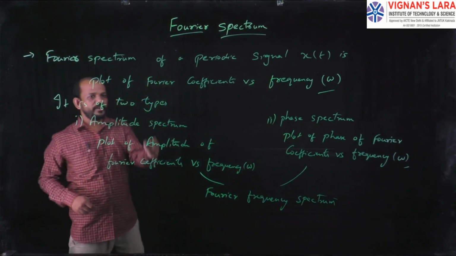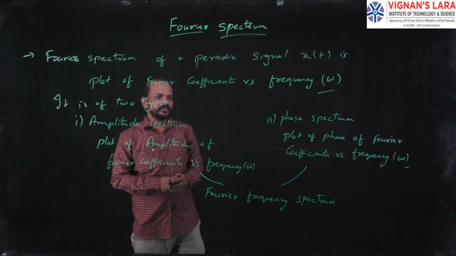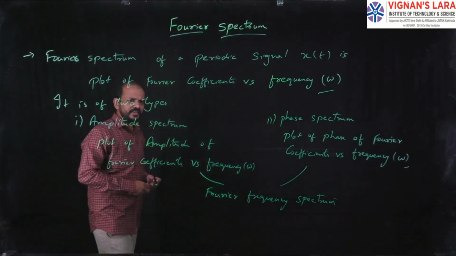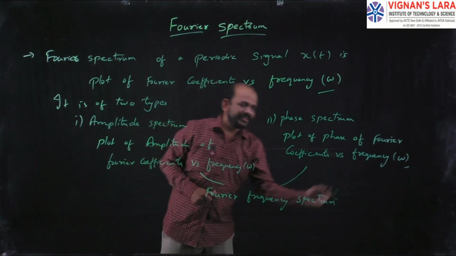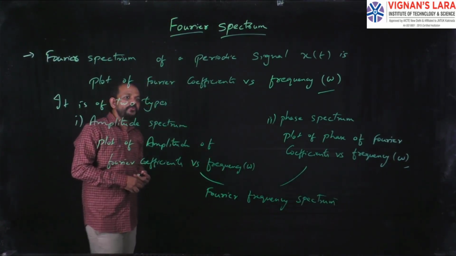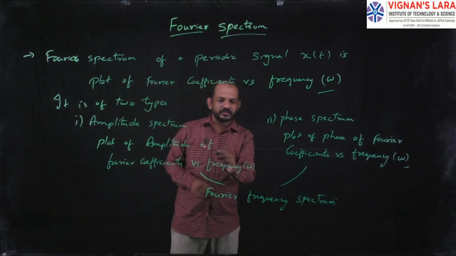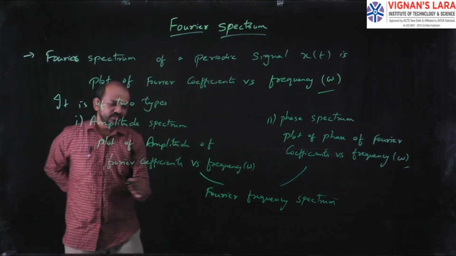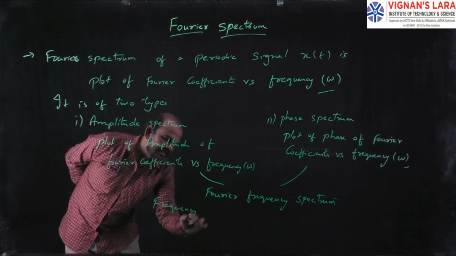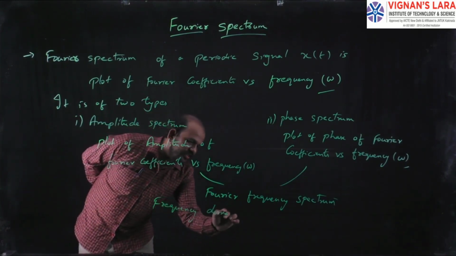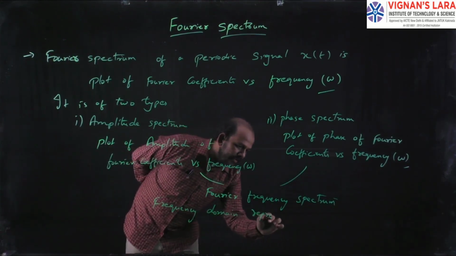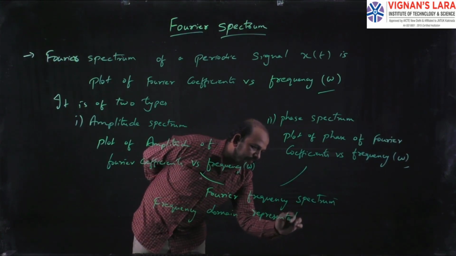The two plots combinedly will give the Fourier frequency spectrum, and this type of representation is nothing but the frequency domain representation.